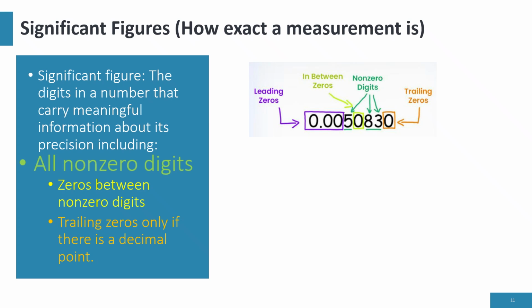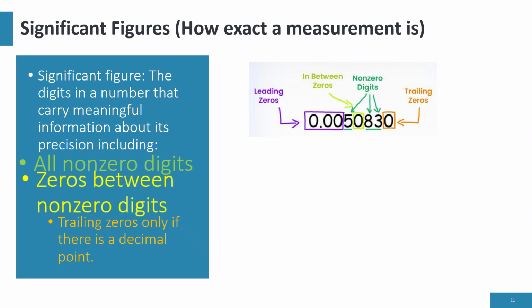All zeros that are between non-zero digits are significant. Now, you have trailing zeros on the right side and trailing and leading zeros on the left side. These will be changed when we use scientific notation, and we will learn about that in just a minute.